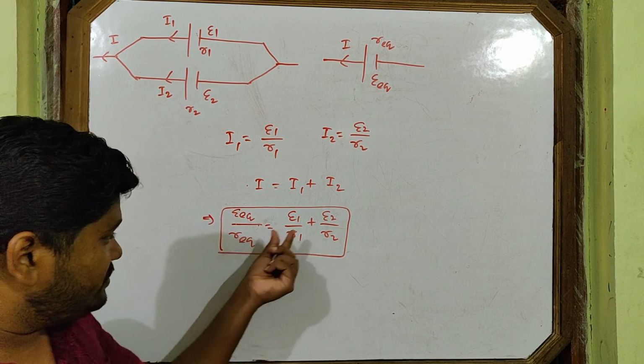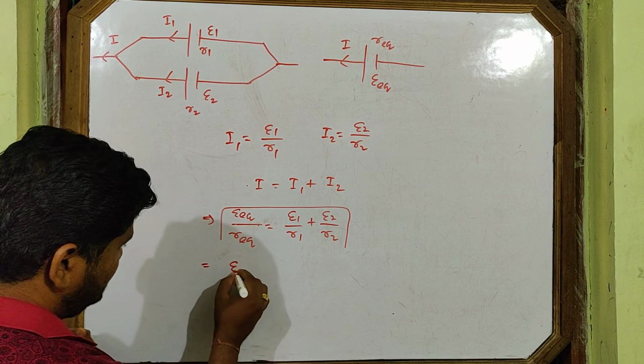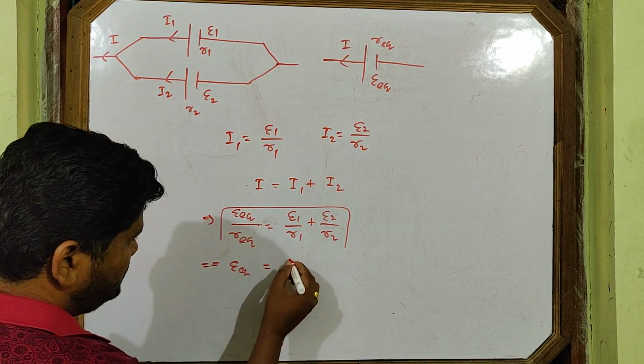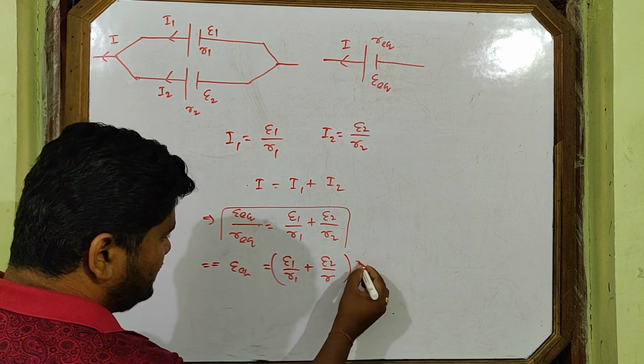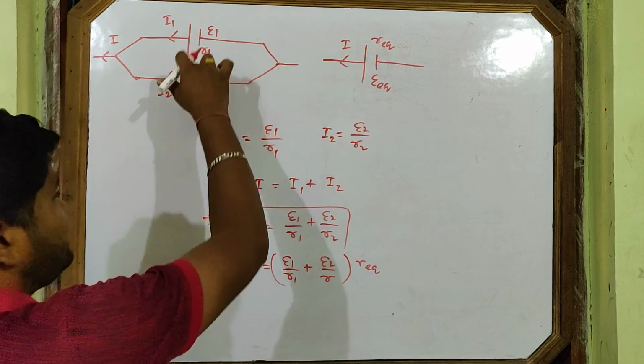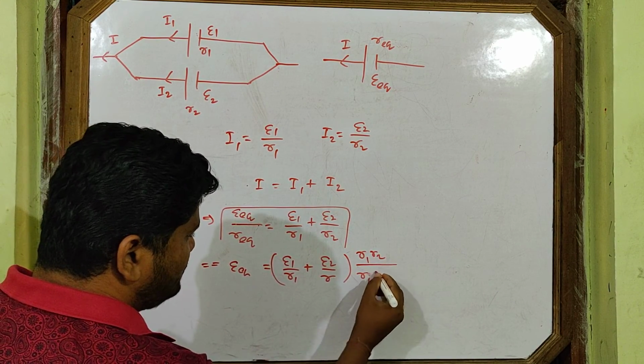R equivalent we will bring to the right side, or we can also proceed further. E equivalent equals (E1 by R1 plus E2 by R2) whole into R equivalent. But R equivalent for a parallel connection, we can write as R1 R2 by R1 plus R2.